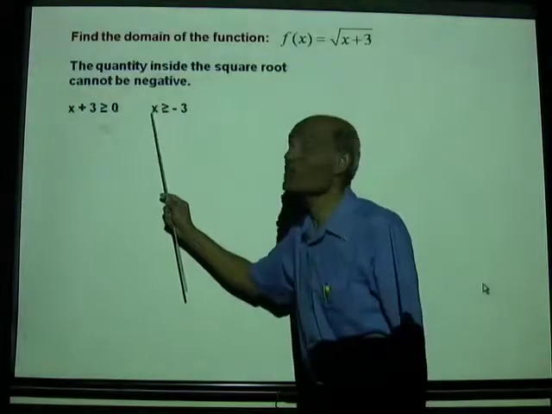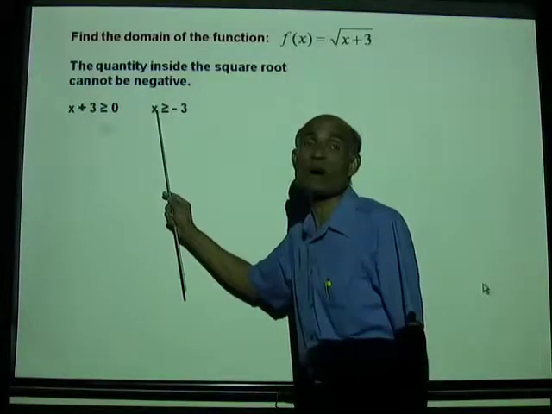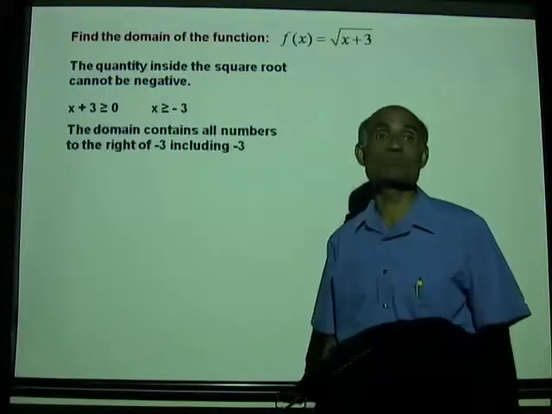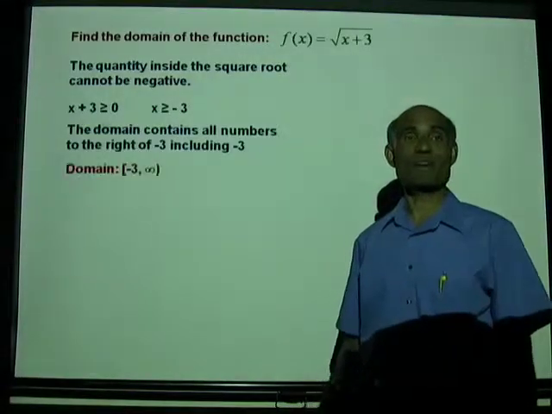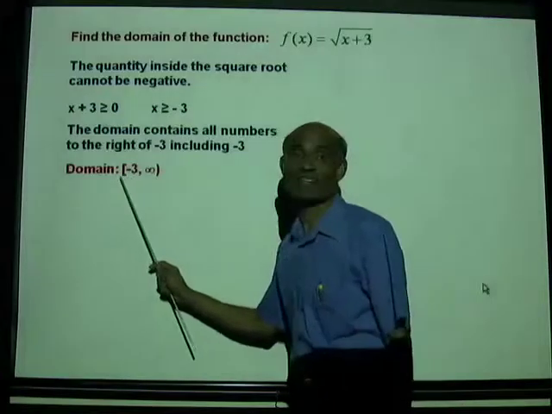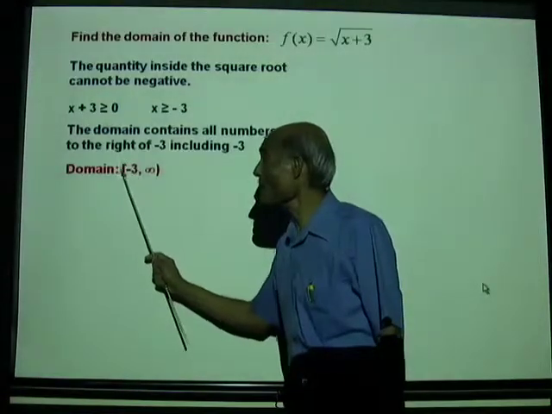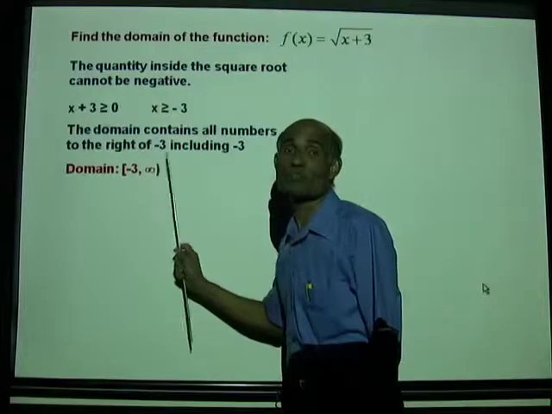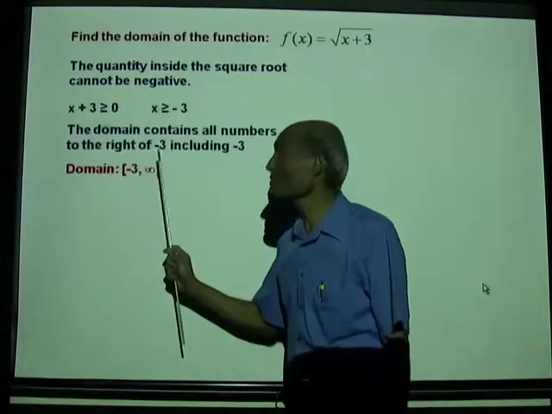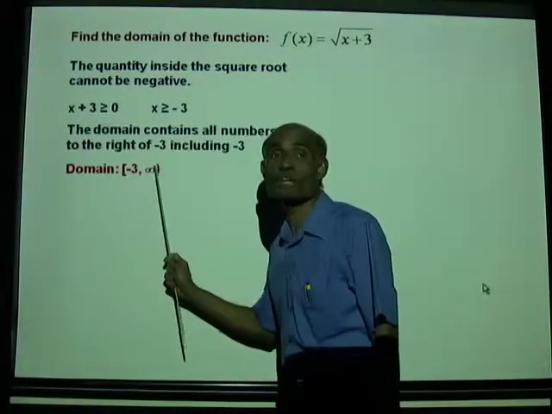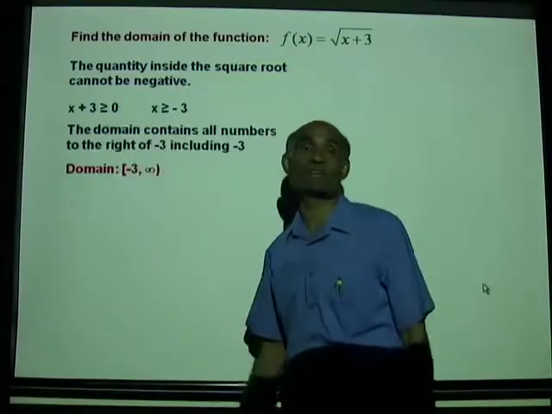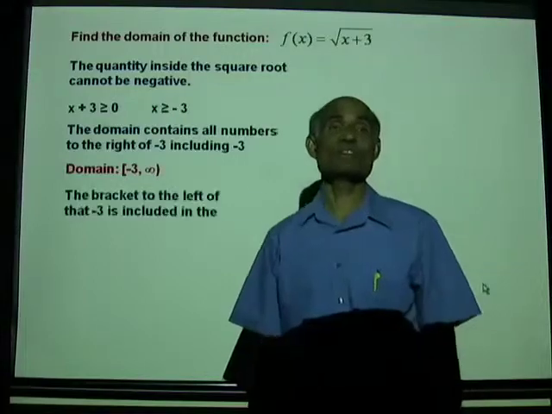So the domain of the function contains only x values that are greater than or equal to -3. Now, how do we write it? Now, look at the notation. Square bracket -3 to infinity, which means all real numbers from -3 to positive infinity, including -3, are in the domain of this function.